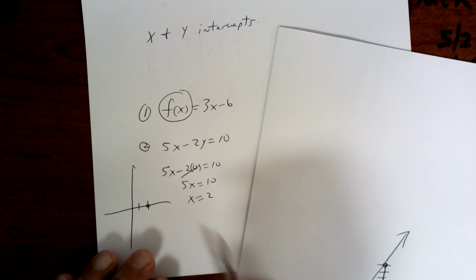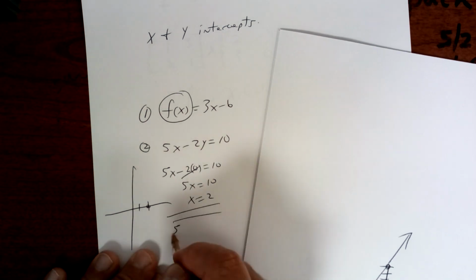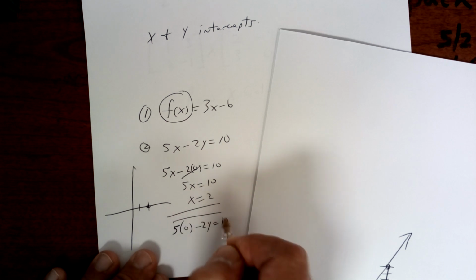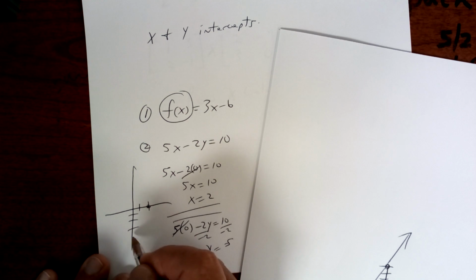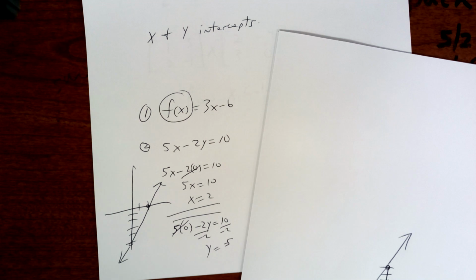To find the y-intercept, you let x equal 0. So 5 times 0, this is 0, and you divide by -2. And when you do, you get y equals -5, so it's down here. Almost looks like the last one. But there it is. That's how you find the x and y-intercept.